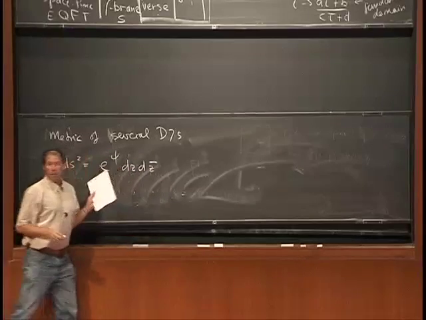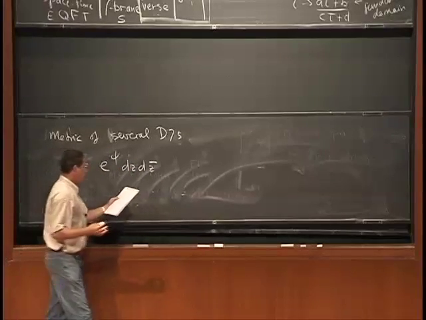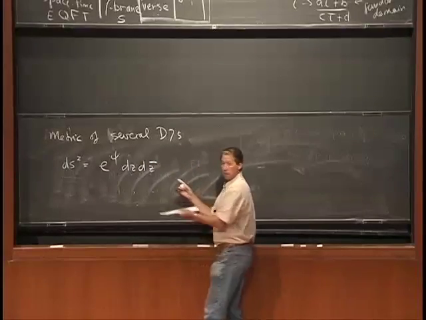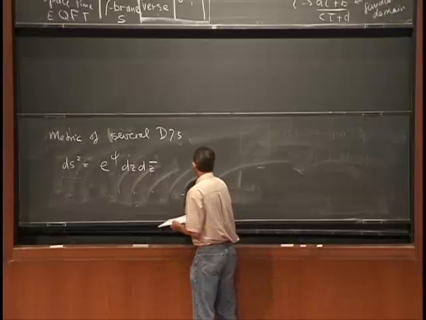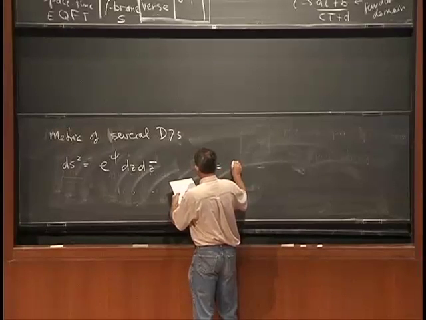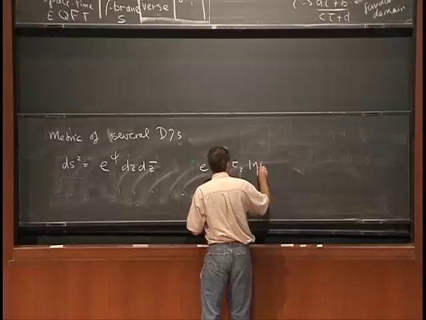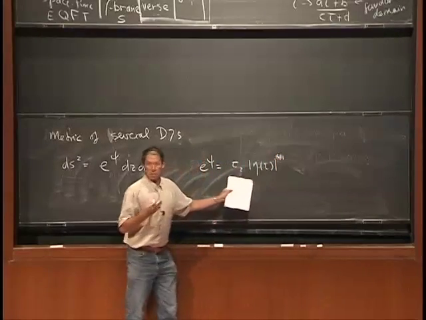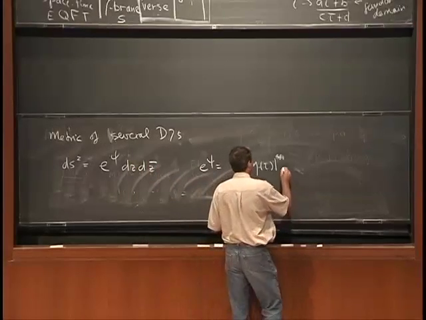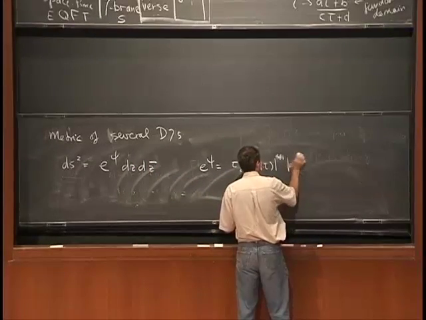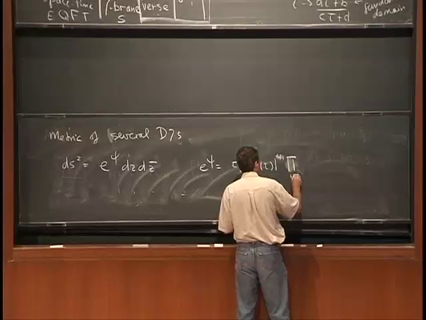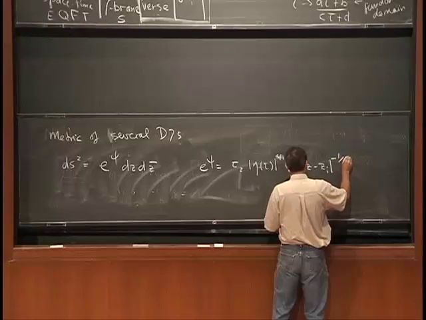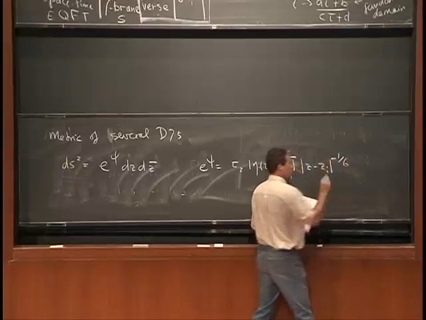It turns out that you can find the metric of a bunch of these 7-branes in the following way. It's just a conformally flat metric, because it's a metric on this transverse plane, where e to the psi is tau 2 times eta of tau to the 4, where tau again is this given function of z, and then you can even do this with an arbitrary number of D7 branes, z minus z_i to the power 1 minus 1 over 6.